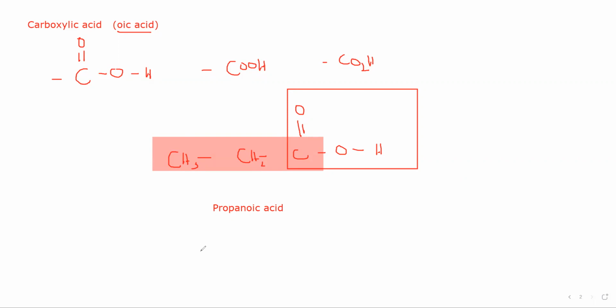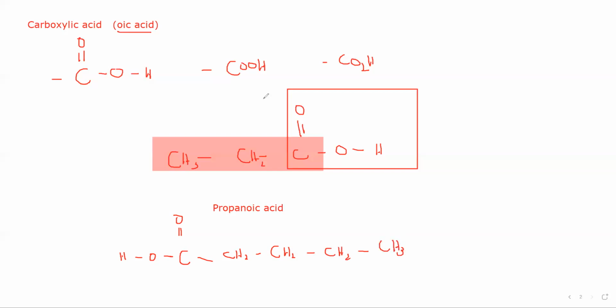Another example, C double bonded with O and OH, either on the left hand side or on the right hand side. CH2, CH2, CH2 and CH3.